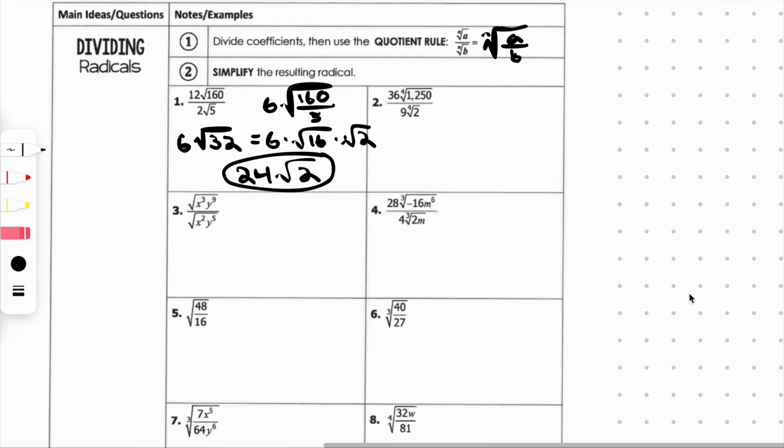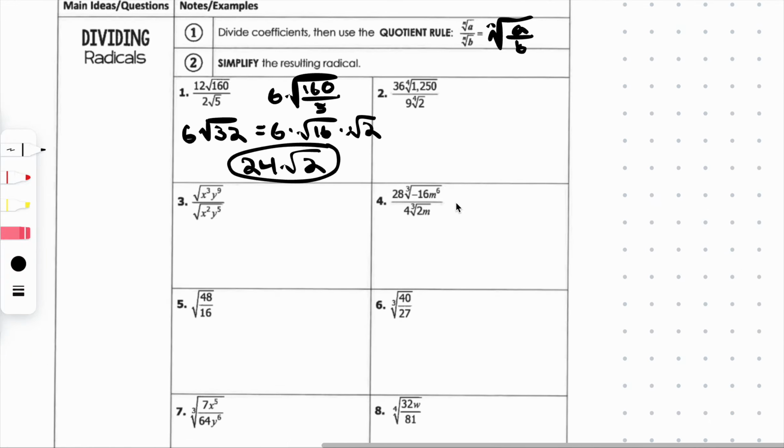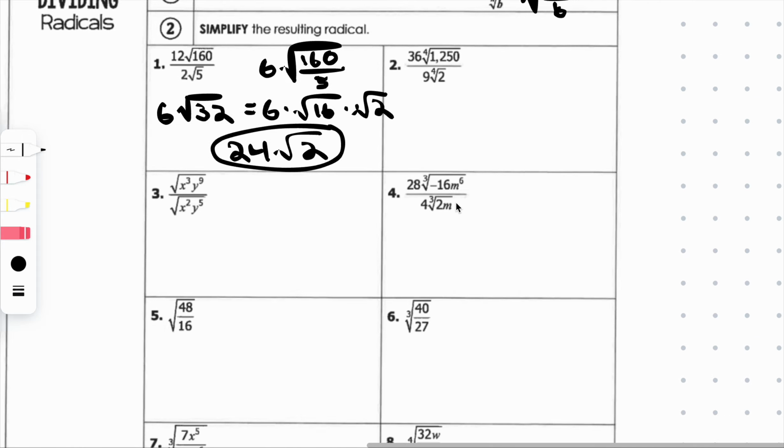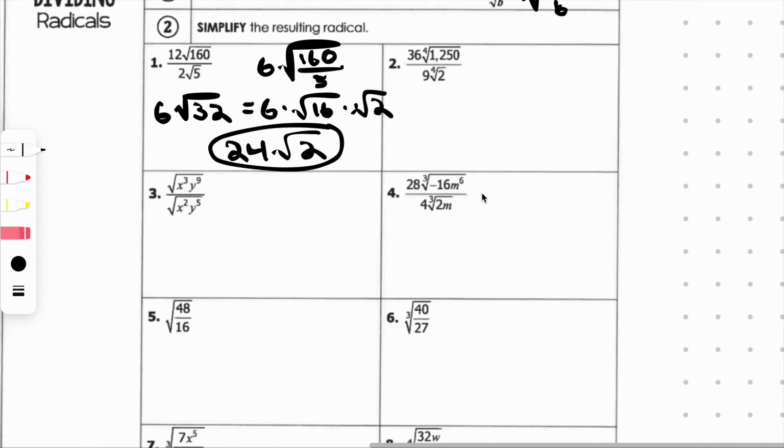Okay. For number 4, we can do something similar. So first we have 28 over 4, which I can just rewrite as 7. And then we have the third root of negative 16 m to the 6th over the third root of 2m.